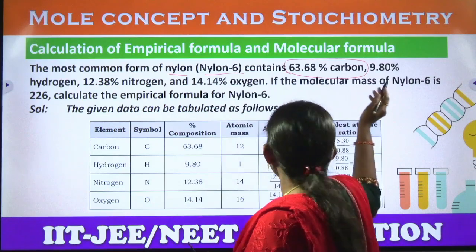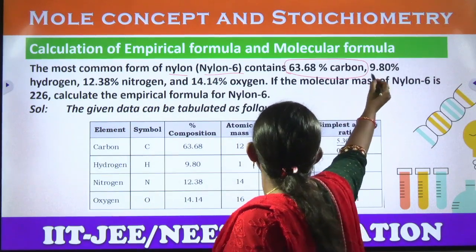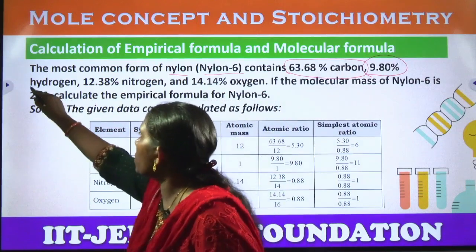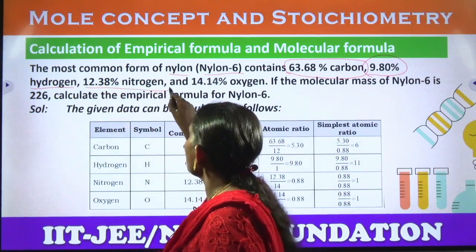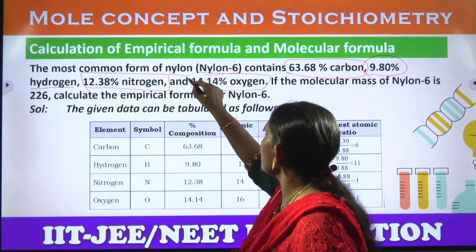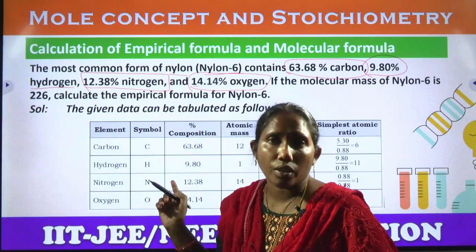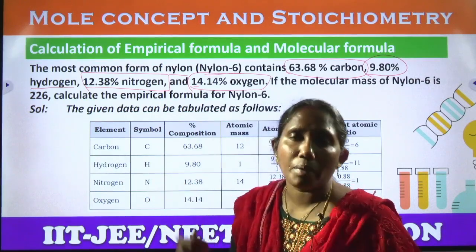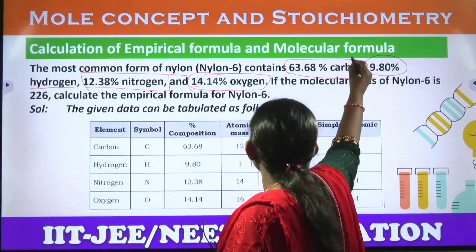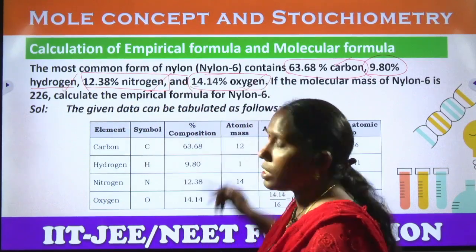First of all, read the problem clearly. This means 4 elements are present in this compound: carbon, hydrogen, nitrogen and oxygen.